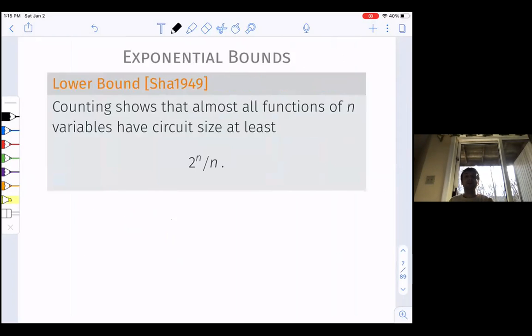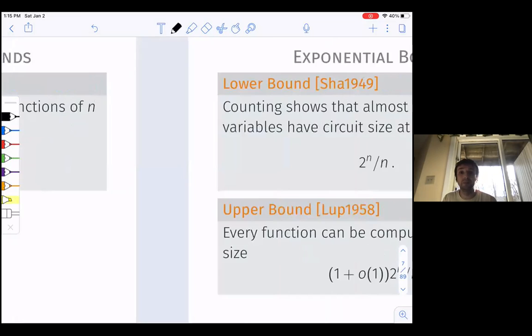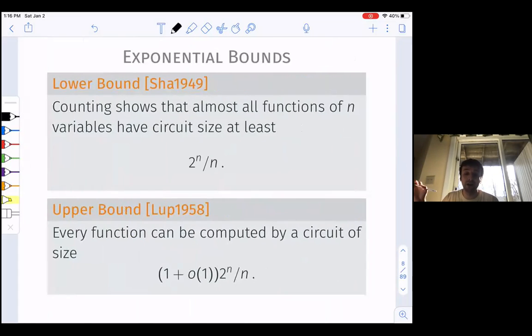In the 40s, Shannon showed that almost all functions, say a random function with high probability, has a circuit size at least 2 to the n over n. Has exponential circuit size. And in the 50s, Lupanov gave essentially matching upper bound. Every function can be computed by a circuit of size essentially 2 to the n over n.